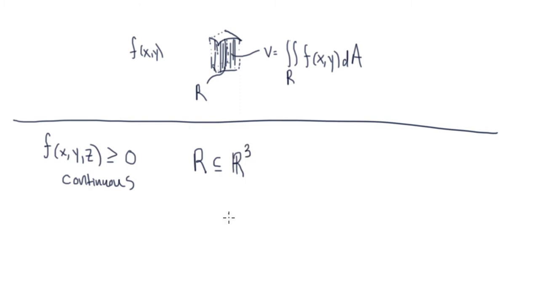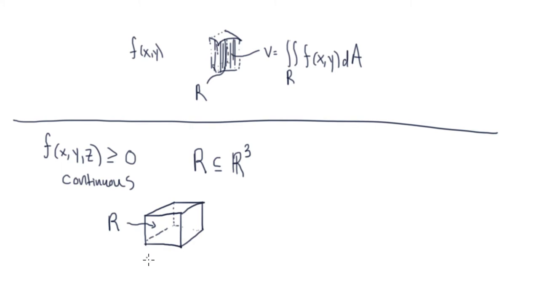And so our go-to example will be some sort of rectangular box in space. So this is going to be the domain of our function of three variables, R. So here's our region R. Okay, so it's a three-dimensional box.